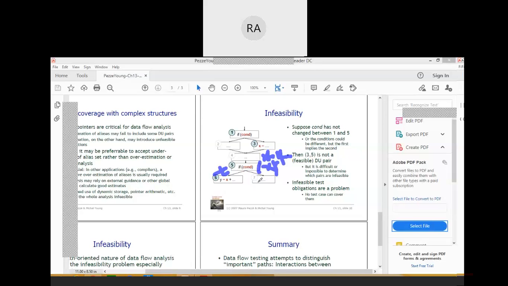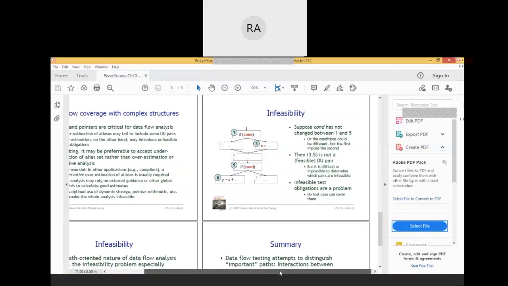That is an infeasible path. You have to understand it like this. What do you mean by infeasibility? Wherever there is a scenario wherein particular nodes or a particular DU pair cannot be traversed by designing a test case, I can say it is an infeasibility problem.